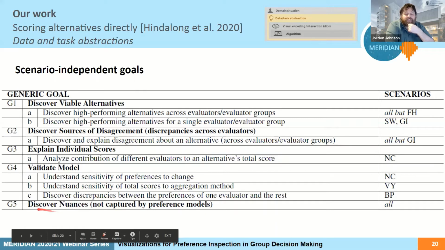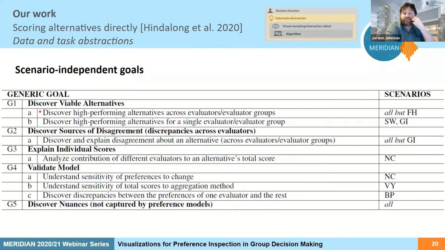We'll notice that some of these 5 goals have sub-goals. For discovering viable alternatives, we may be interested in discovering high-performing alternatives across all evaluators, or maybe just for a particular evaluator. So we have this hierarchy of scenario-independent goals and sub-goals.